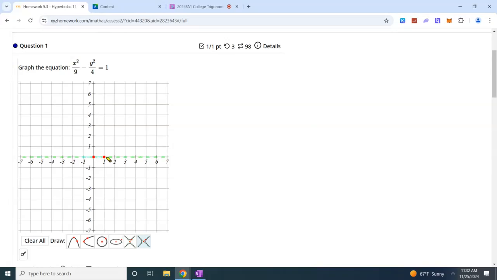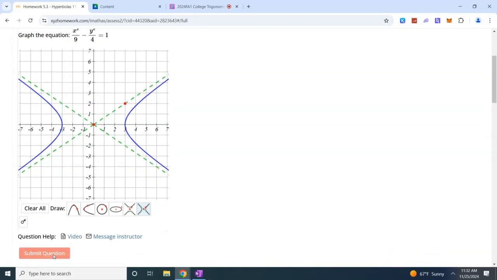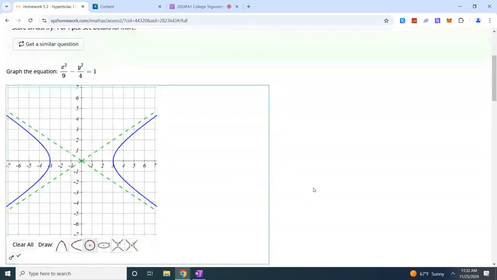So I'm going to move 3 places to the right. Underneath the y variable, b squared is 4, so the square root of 4 is 2. Therefore, I'm going to go up 2, and I'm going to lock that point in. Then I'm going to submit, and this should be our graph.